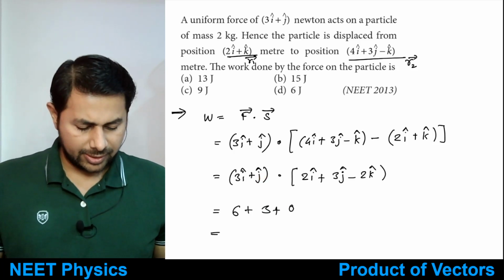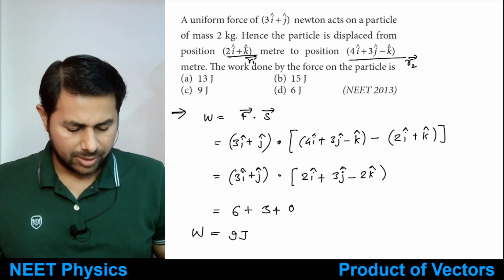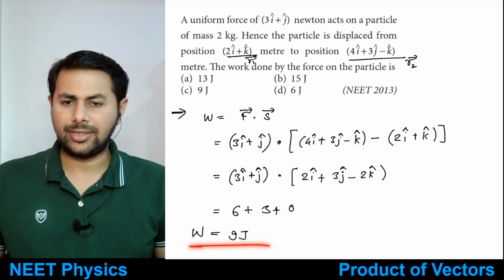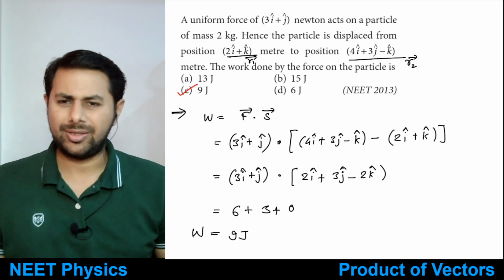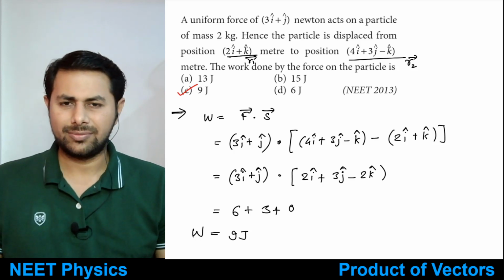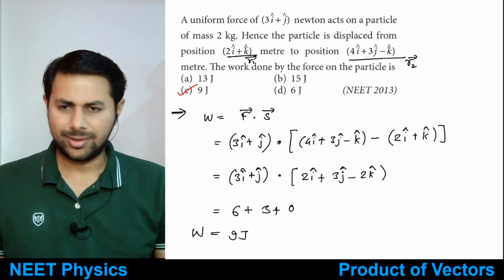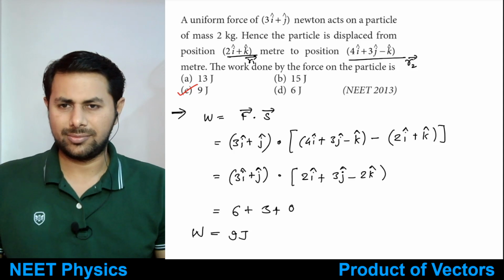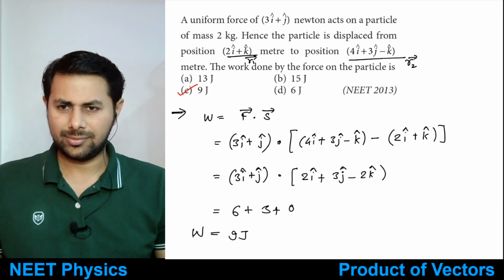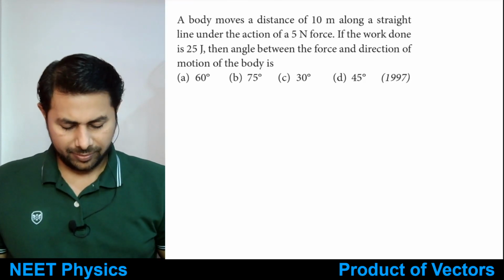So that is 6 plus 3, so 9 joules. So work done is equal to 9 joules. Okay, so this is also simple, similar to the last one. There is nothing in this. Okay, good. Let's go to the next one.